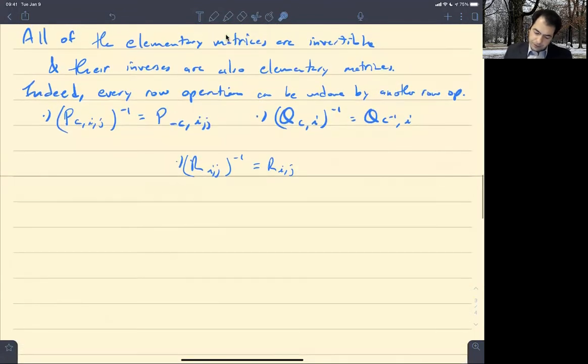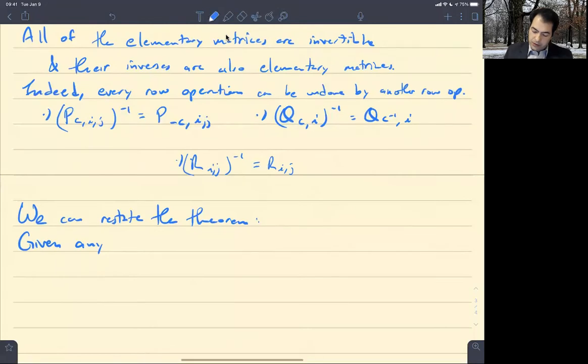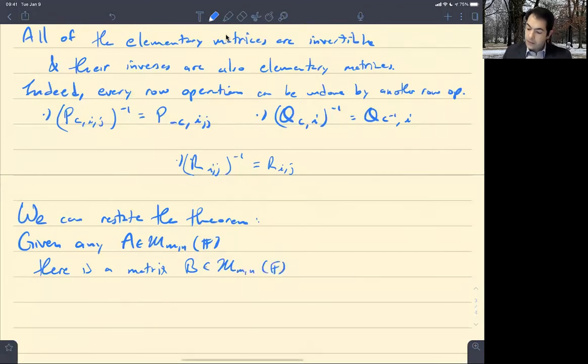So we can restate the theorem as saying, given any m by n matrix A, there is a matrix B of the same size in reduced row echelon form, and elementary matrices, let's call them F1 through Fk, right?